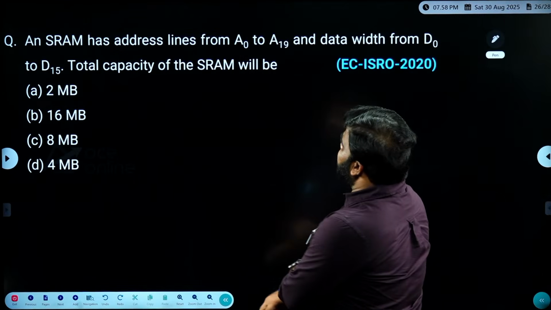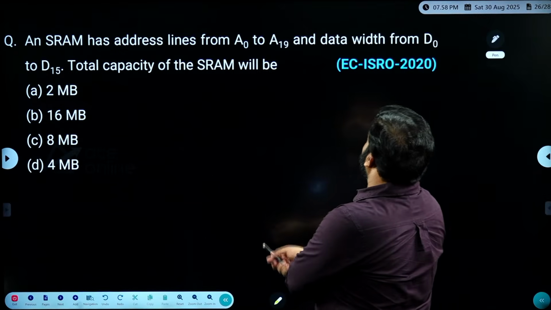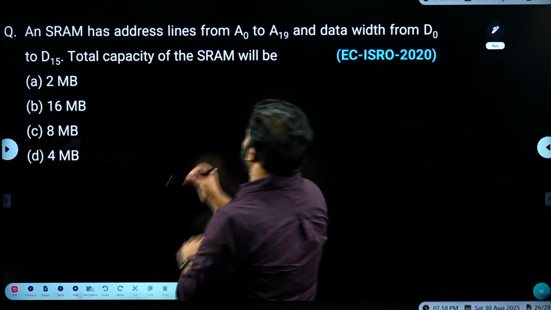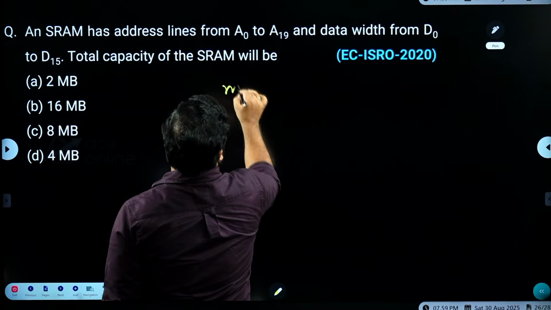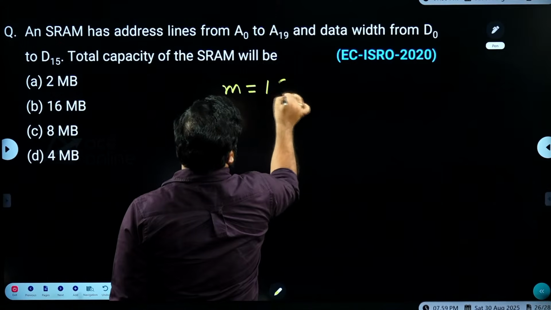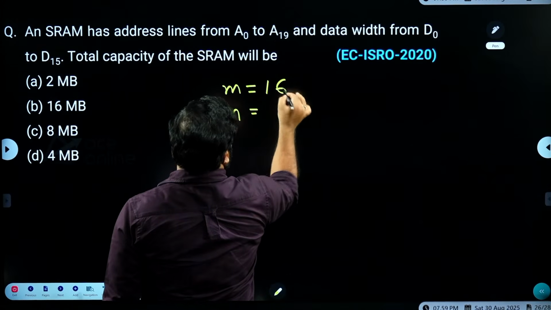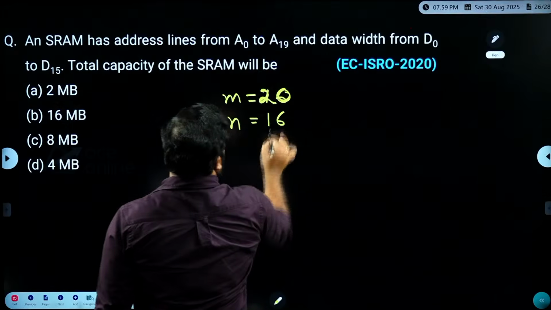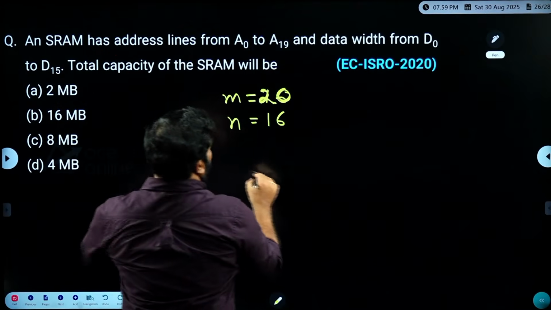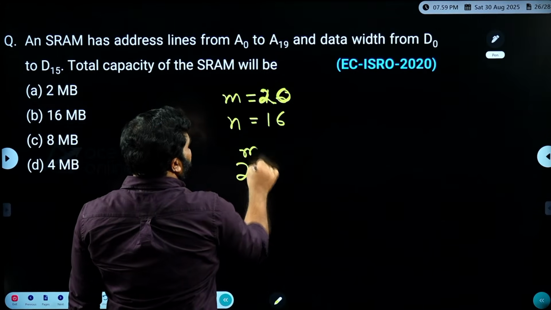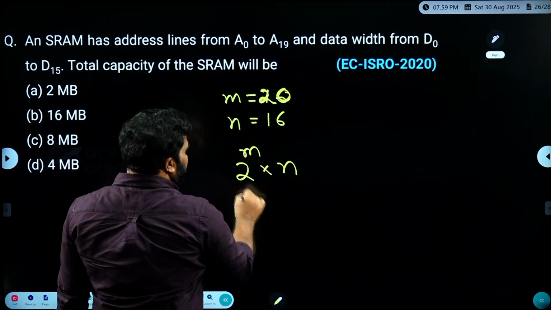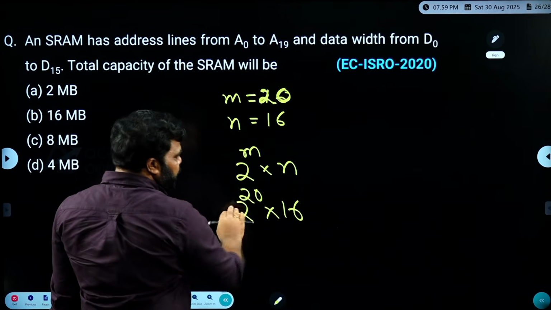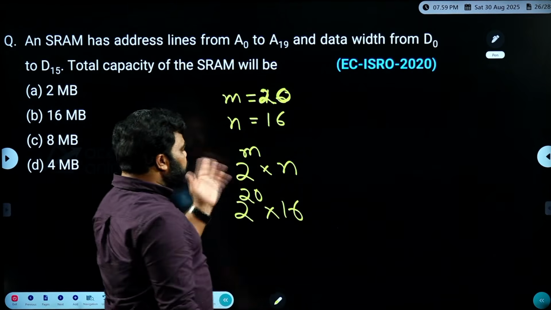An SRAM has address lines from A0 to A19 and data width from D0 to D15. That is, the address lines are 20 and the data lines are 16. The memory is 2 power m into n, that means 2 power 20 into 16. 2 power 20 is mega, because 2 power 10 is kilo and 2 power 20 is mega.